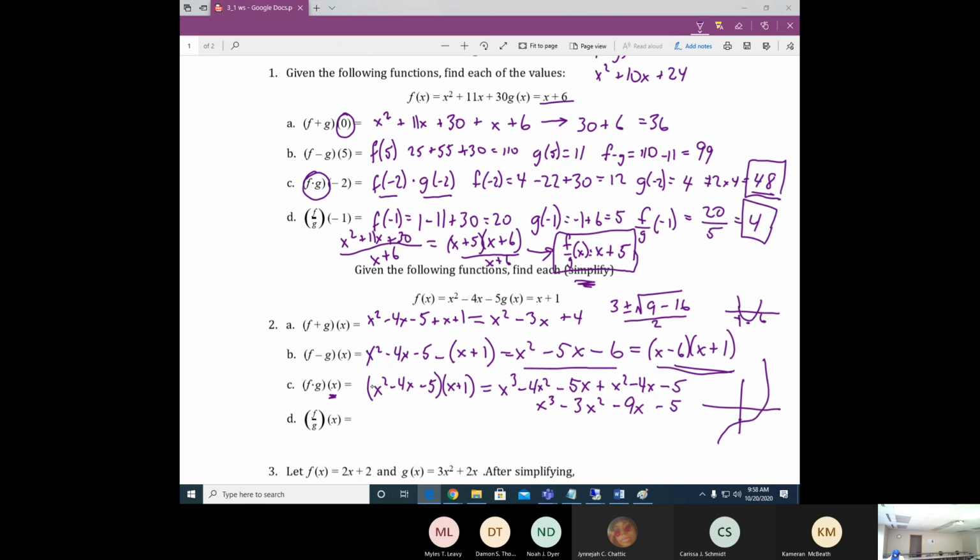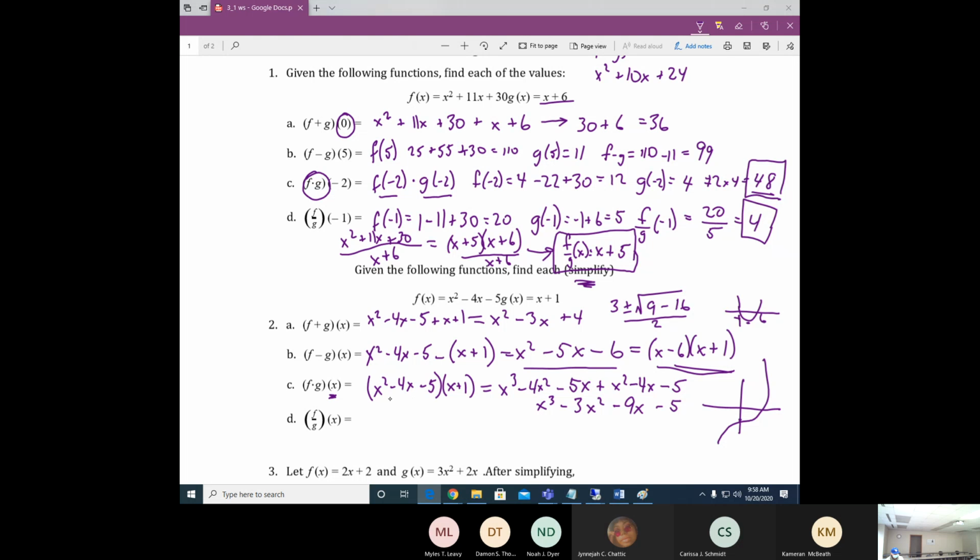Now, factoring it will help me do this one. So let's factor f. This is where factoring f will help me simplify this.